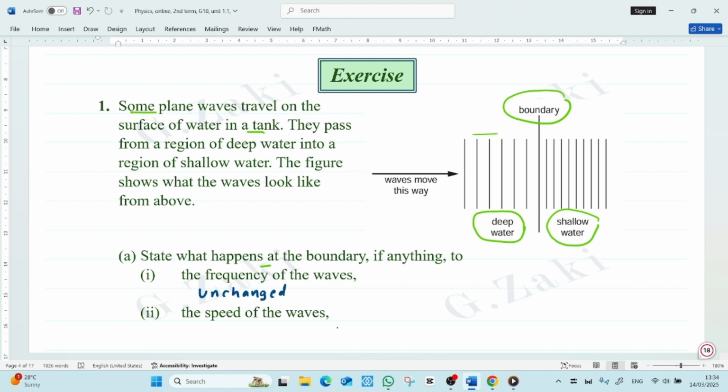What happened to the speed of wave? The speed reduced. Why? Due to the friction between the waves and the seabed.